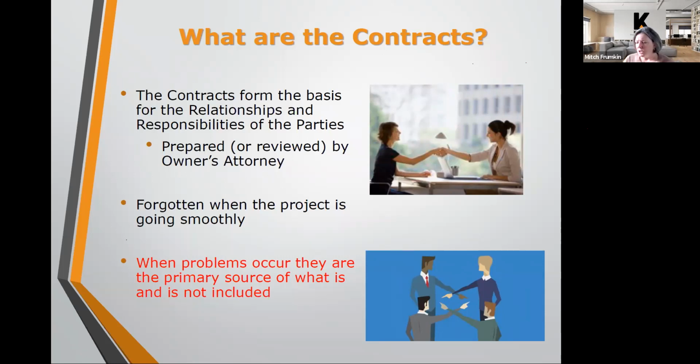Usually, if you have a good contractor, the project goes fairly smoothly and there are no issues. But when problems do occur and there is conflict, it is most often because there's no clearly defined way to address that in the contract.